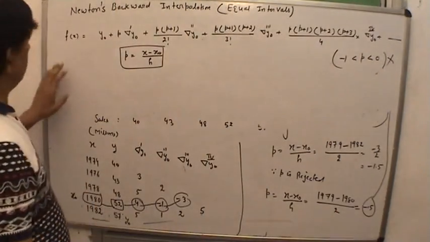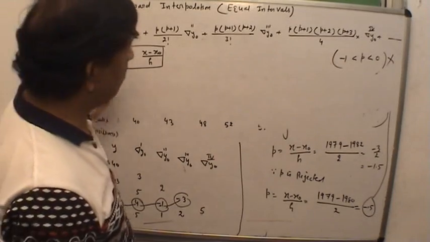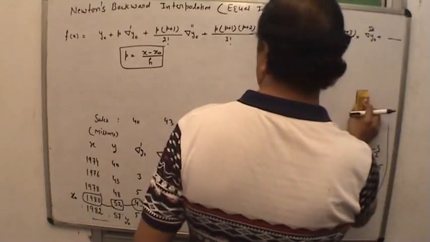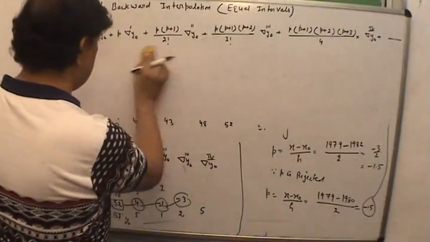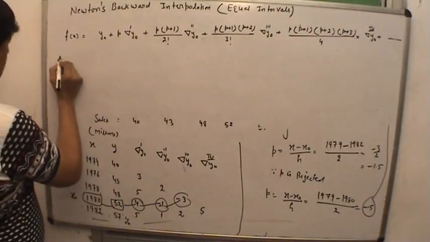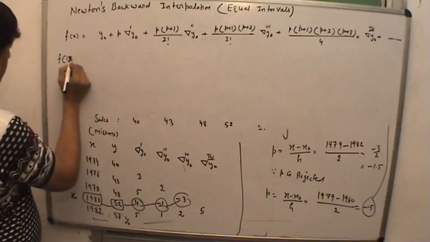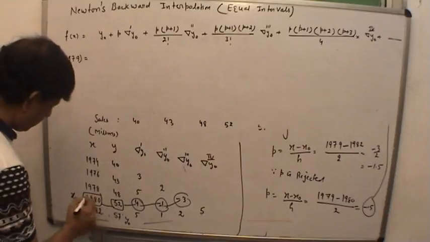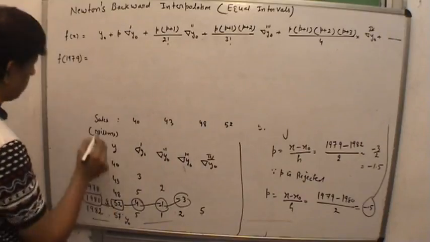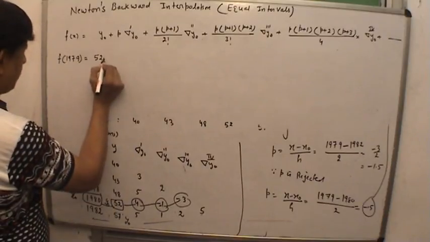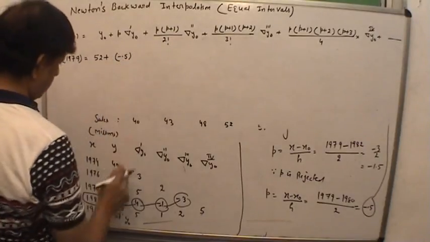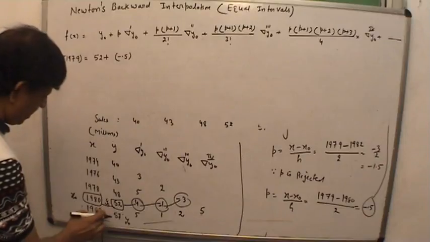I think this formula is sufficient for the data provided to us. That is f of 1979, the point of interpolation. It is x0 and it is y0. That is equal to 52 plus p, minus 0.5, into delta 1.